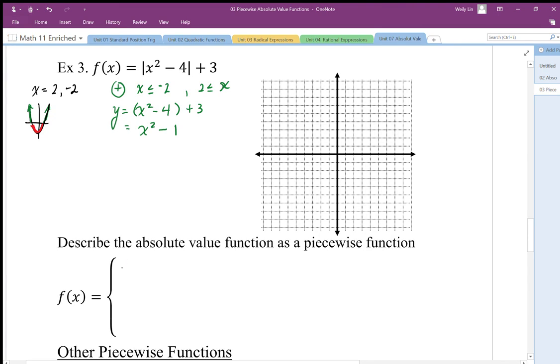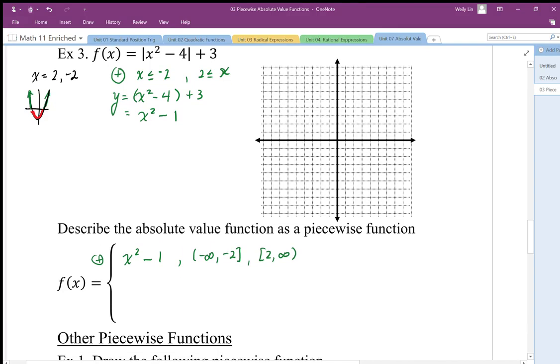So I'm going to have x squared minus 1, and that's going to be for the domain from negative infinity to negative 2 and from positive 2 to positive infinity. Okay, it's going to be on the outsides.